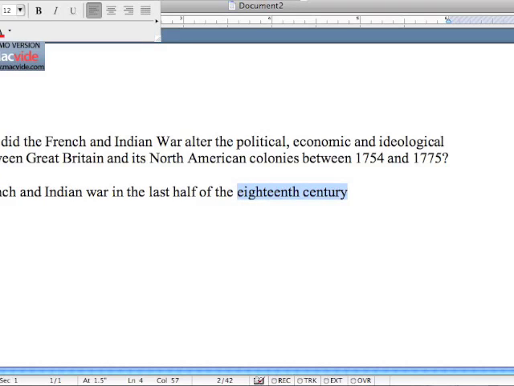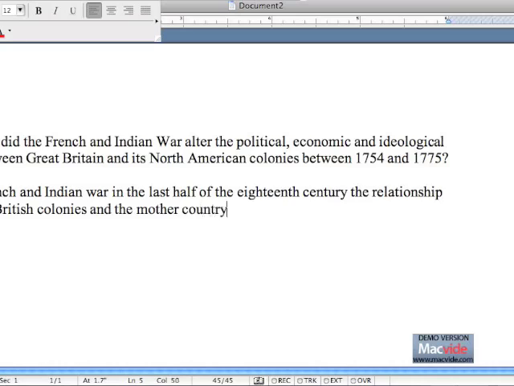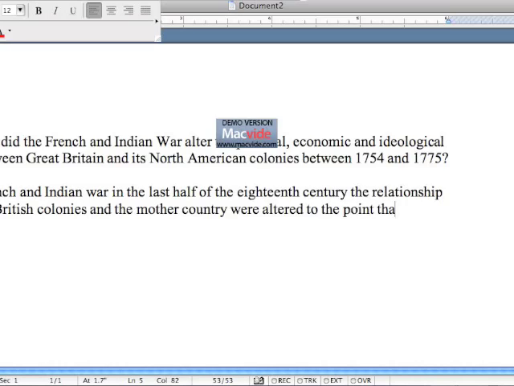And then I just want to put my readers where we are. And I think that after the French and Indian War in the last half of the 18th century, the relationship between the British colonies and the mother country were altered to the point that they could not be salvaged.